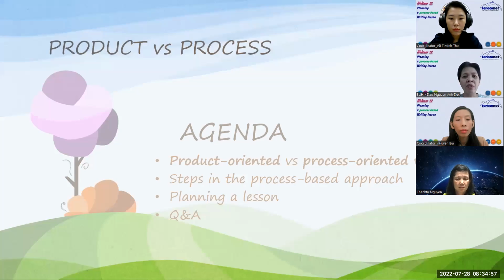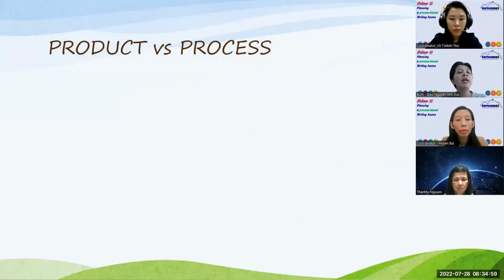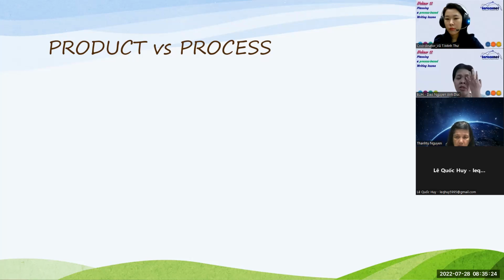Right, first things first, we're talking about writing as a product and writing as a process. The other day, let's say two weeks ago, I had a meeting, like a recruitment procedure, where we sat down and observed some of our applicants to our university who planned to teach a small lesson.